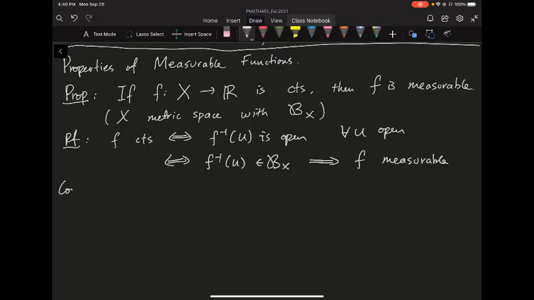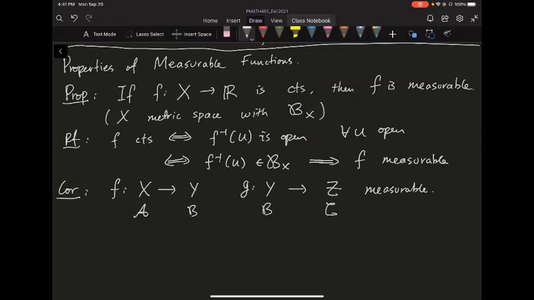And as a quick corollary, suppose I have some measurable functions and I want to compose them. Let's say I have a function f that maps X to Y, and a function g that maps Y to Z. Suppose X has a sigma algebra A, Y is equipped with the sigma algebra B, which is the same, and Z is equipped with the sigma algebra C. I want to show that their composition is also measurable.